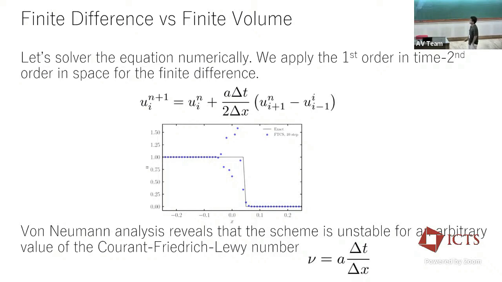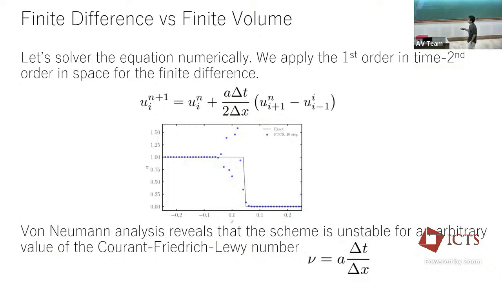This is why. This is an exponentially growing function, and to analyze whether this scheme is stable or unstable, the von Neumann analysis is a useful tool to predict which time step we should consider to suppress this kind of instability. This gives a relation between delta t and delta x, where nu is defined by a times delta t over delta x.